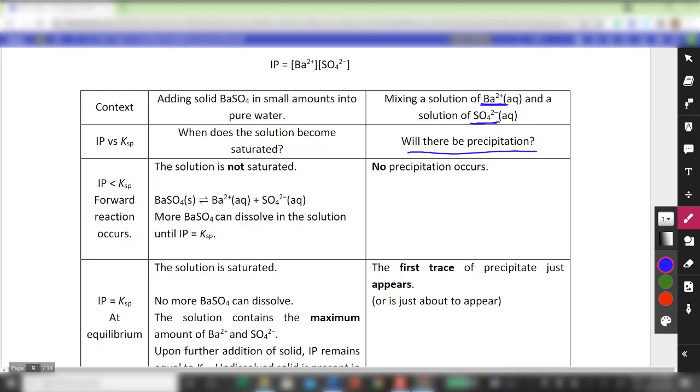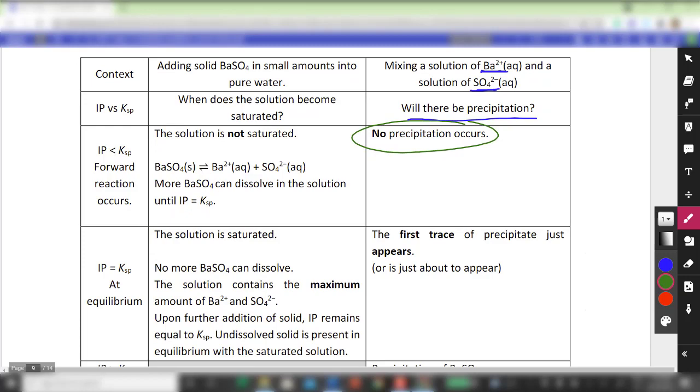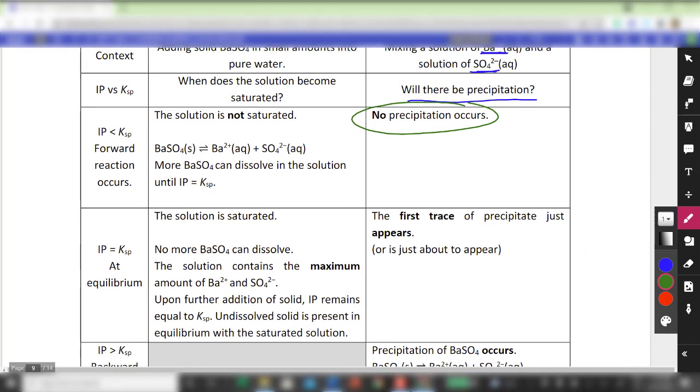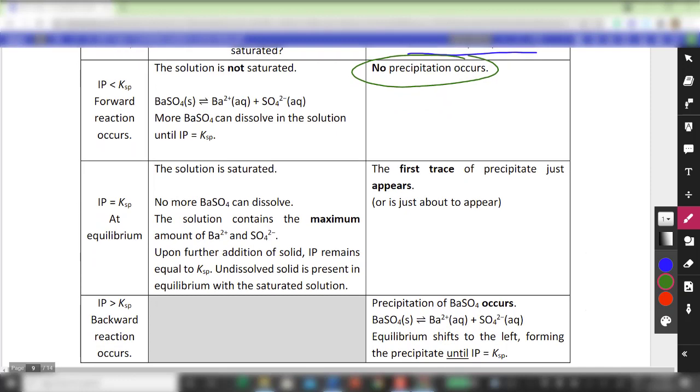When I dissolve the solid, what I'm interested in is whether the solution will be saturated or not saturated. If the ionic product is less than Ksp, it's pretty straightforward, I won't get precipitation. I'll look at the rightmost column first. If ionic product equals Ksp, that's an equilibrium.